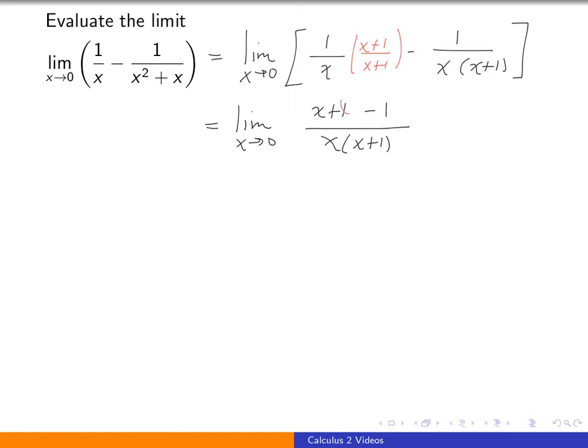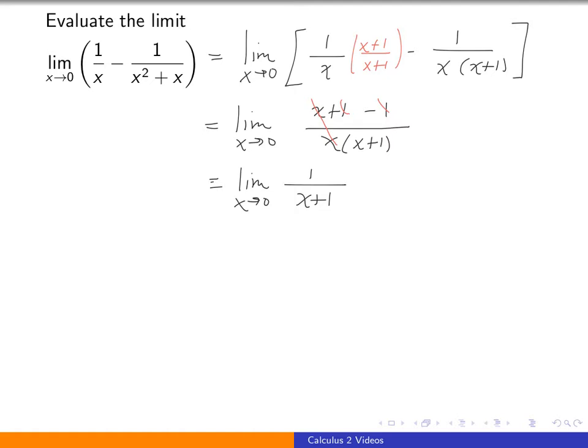We say, okay, plus 1, minus 1. And we have an x in the top all by itself and an x factored out in the bottom. So with a little bit of algebraic simplification, this becomes the limit as x approaches 0 of 1 over x plus 1.